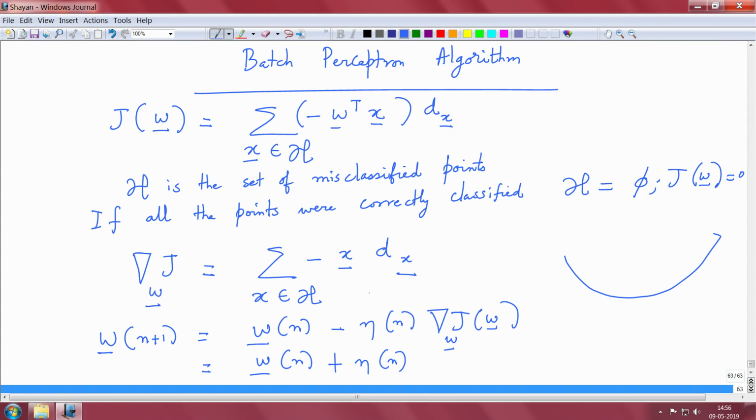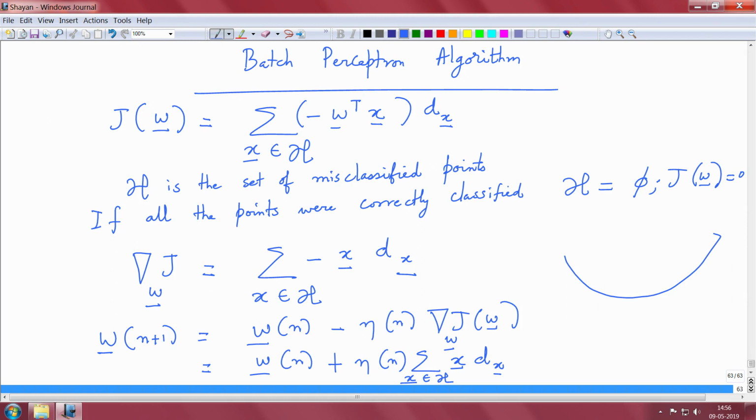We will replace it with this function, which is sigma x times desired as a function of x for all x belonging to the misclassified set. Right. This is basically the idea behind the batch perceptron algorithm, and we will see shortly how this update rule gives us the correct update.